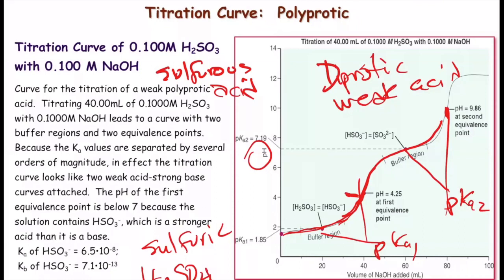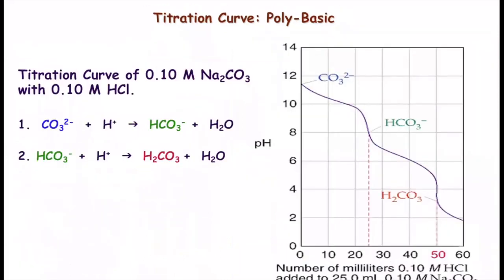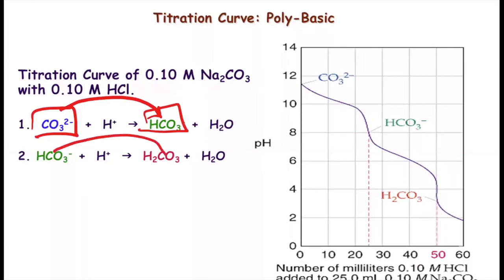It's sulfurous acid. It's a weak acid. That's why you have two inflection points. This right here would be a base that can receive more than one hydrogen. This would be the carbonate ion. It gets one hydrogen. The bicarbonate picks up another hydrogen. And so again, you see two inflection points.